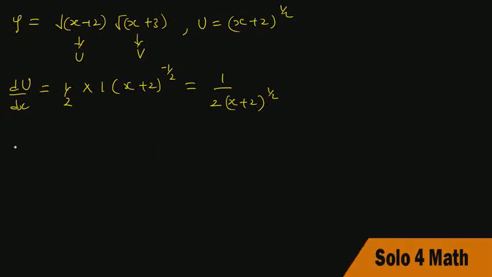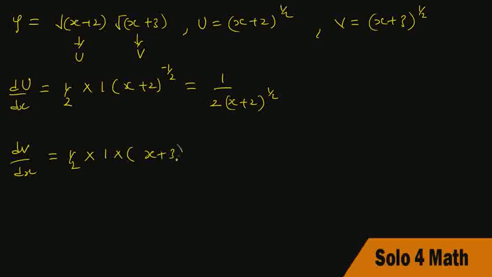Okay, now get the dv/dx. The same thing, our v is equal to (x plus 3) to power a half. So when you differentiate, the half comes down times the derivative of the bracket, which is 1, into that same bracket with a reduced power, which is negative a half.